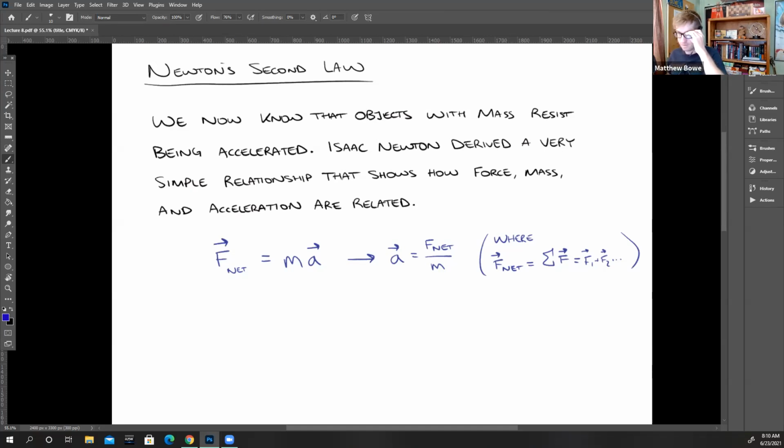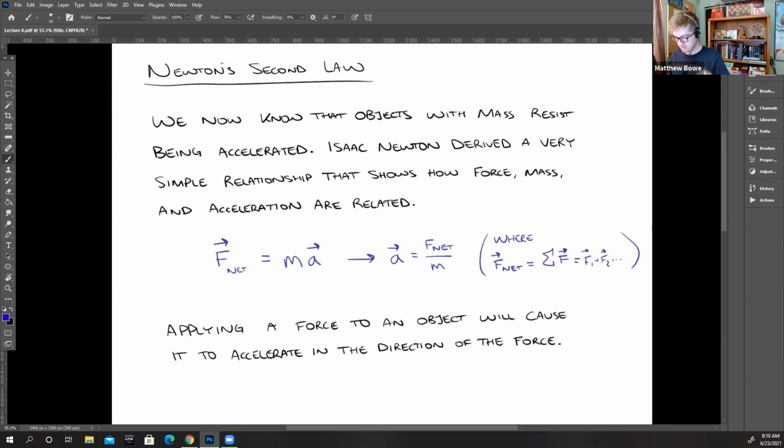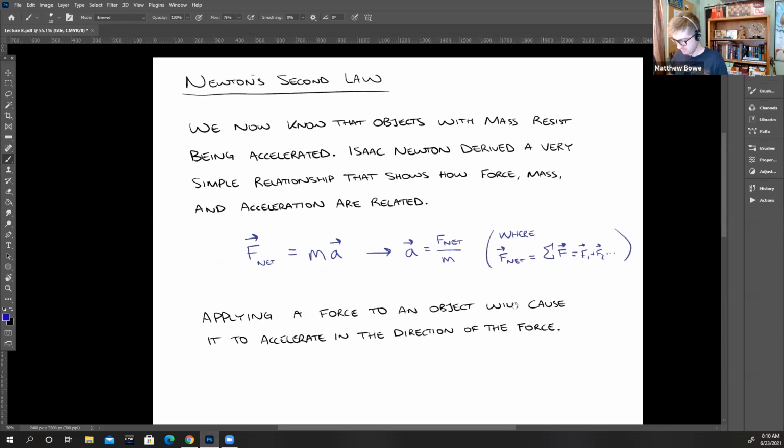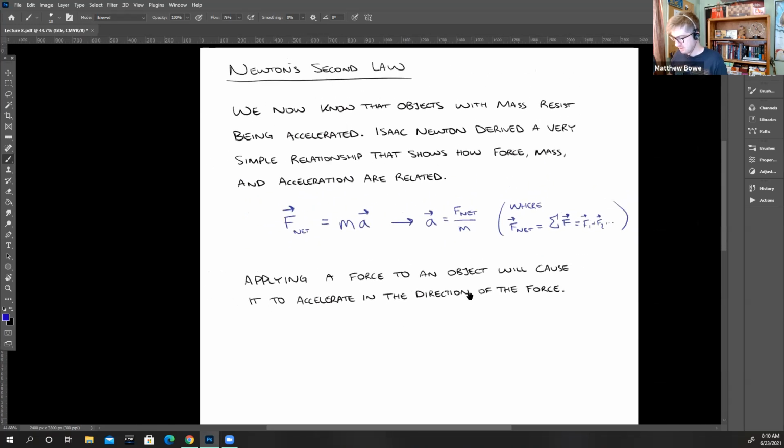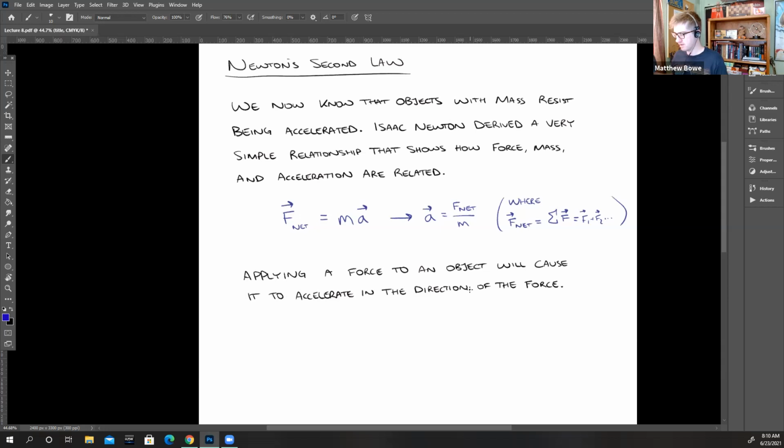Applying a force to an object will cause it to accelerate. This is sort of why Newton set the standard, trying to refine motion. He saw this relationship, and he had to sort of, I don't want to say invent the idea of mass, but he had to decide on an actual value, so that it could be useful for other people.